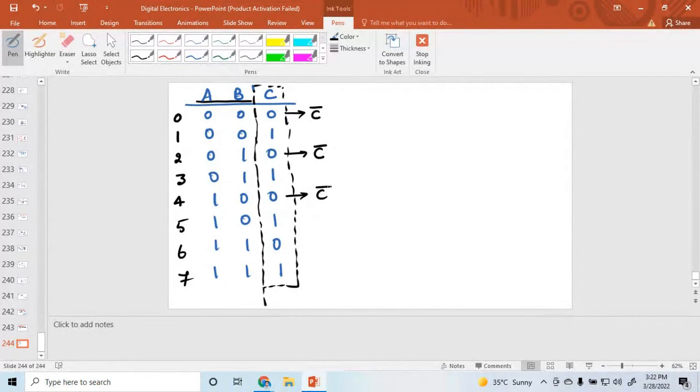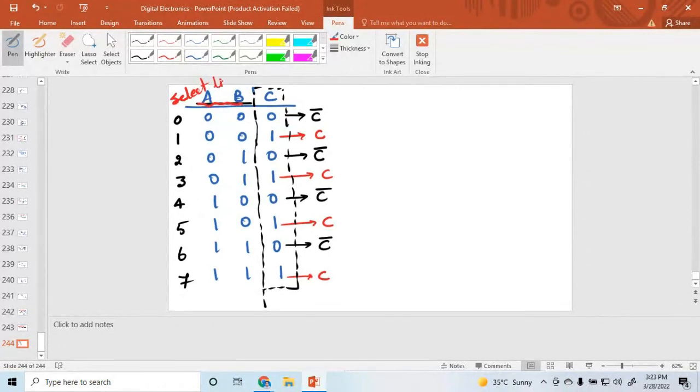And in place of 1, you write C, here C, here C, and here C. Why am I choosing C? Because A and B are the select lines, so the remaining line is only C.